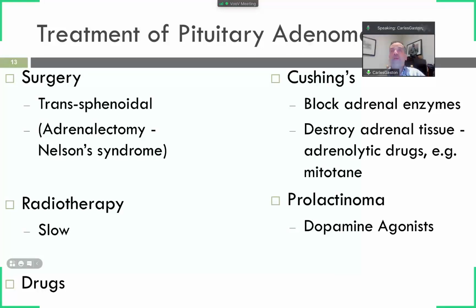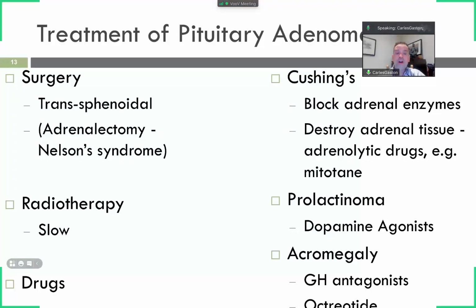So dopamine from the hypothalamus inhibits the production of prolactin. So if you use a dopamine agonist, you will increase the dopamine effect of inhibition of secretion of prolactin in prolactinoma.